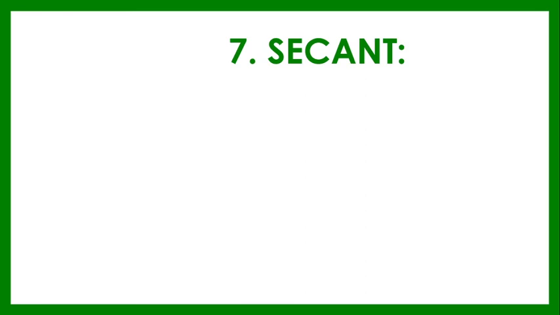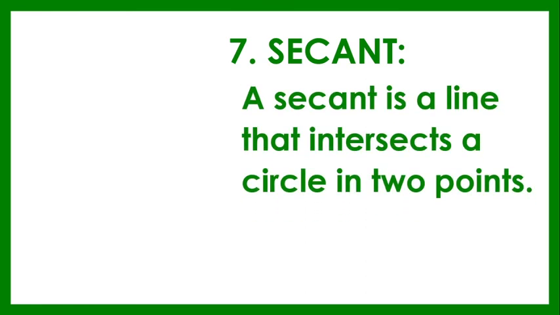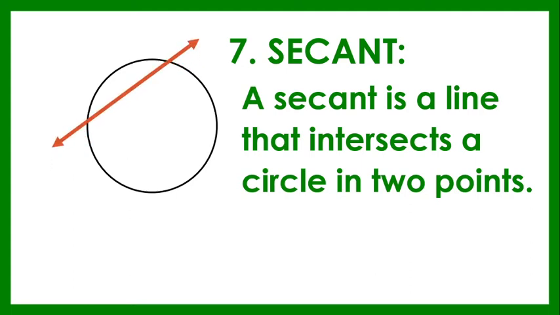Number 7 is a secant. A secant is a line that intersects a circle in 2 points. So the keyword here is line. The keywords are line, and then it intersects at 2 points. Suppose that is our circle, that is a line. The intersection of a circle and a line is in this point.